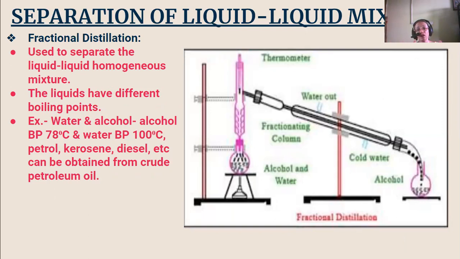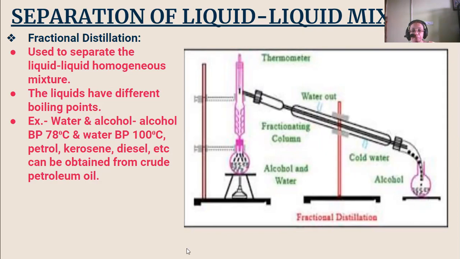For example, a water and alcohol mixture: water has a boiling point of 100 degrees centigrade and alcohol 78 degrees centigrade. So this can be separated by fractional distillation. Even the contents of petroleum oil, that is petrol, kerosene, diesel, etc., can be obtained from crude petroleum oil by this process.